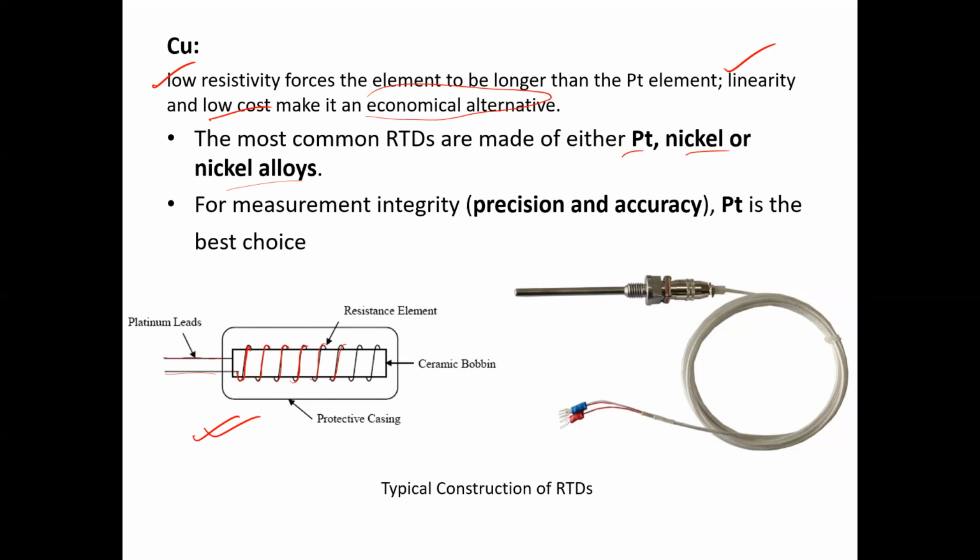And this is a practical RTD, where you can easily see the long cylindrical shape. Inside this protective chamber there is the winding of the resistive material, and from the winding, the connecting leads are available through these wires.